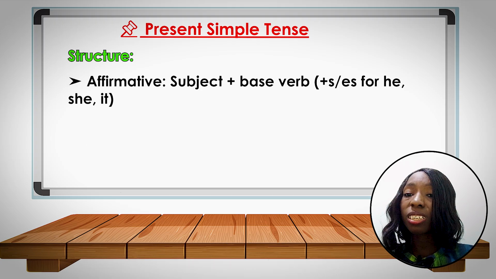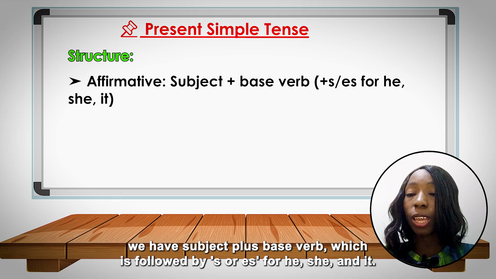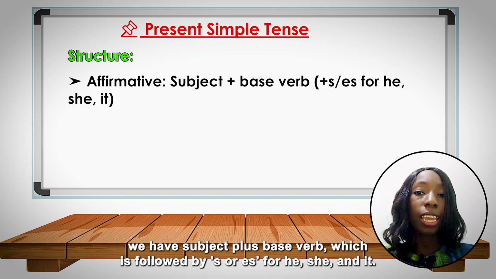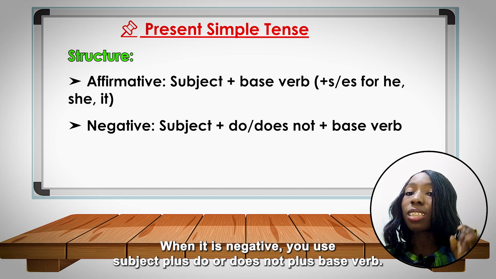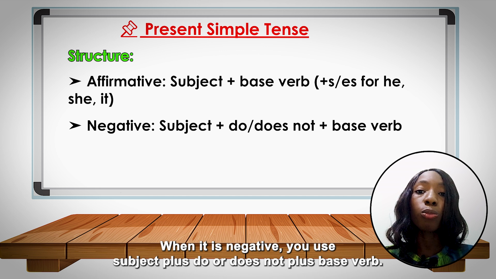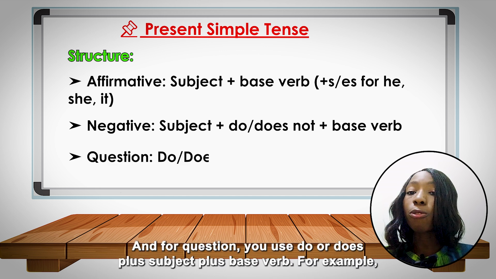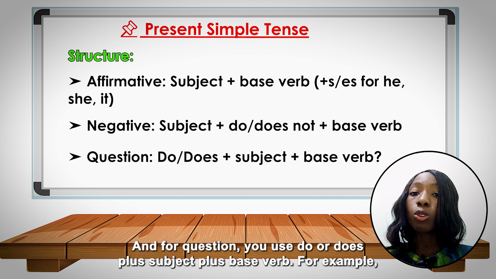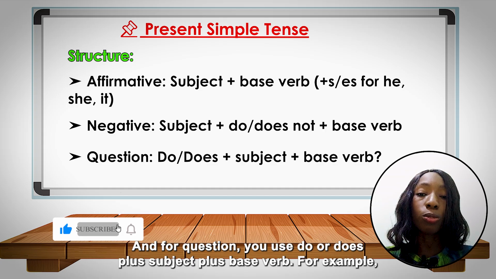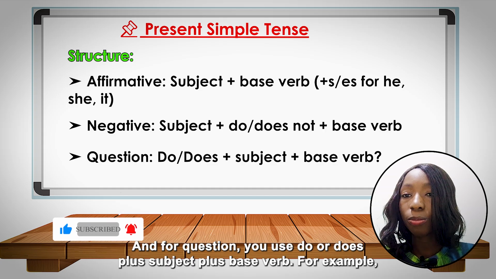For the affirmative, we have subject plus base verb, which is followed by s or es for he, she, and it. But when it is negative, you use subject plus do or does not plus base verb. And for question, you use do or does plus subject plus base verb.